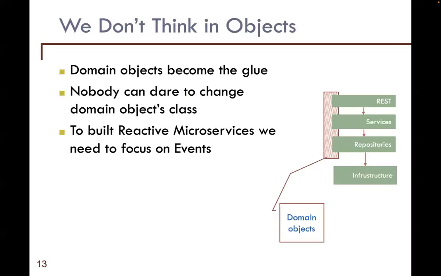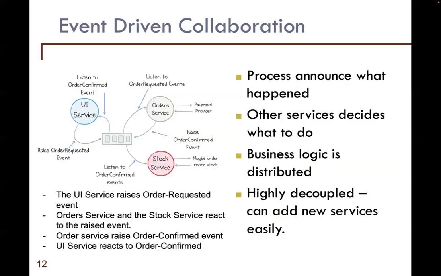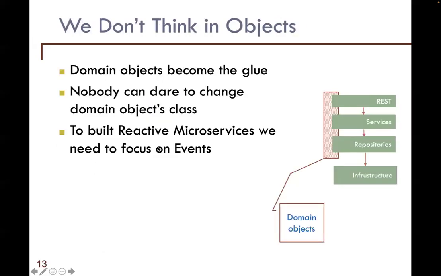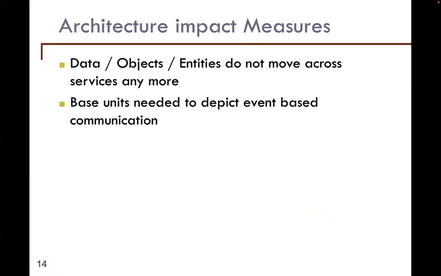For this, we need to think in terms of events, because events are now on the interface, not objects, which used to be the case when building monoliths. That's why we need to rethink the size measurement approach as well.